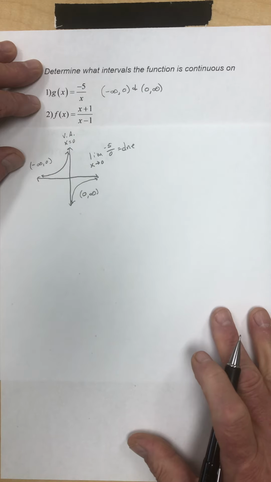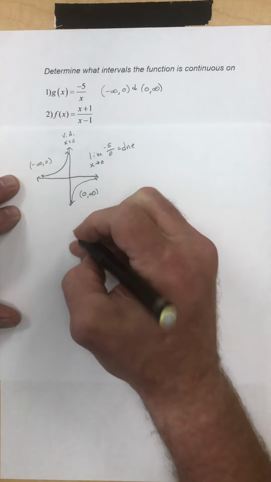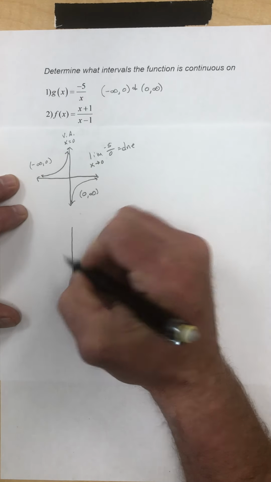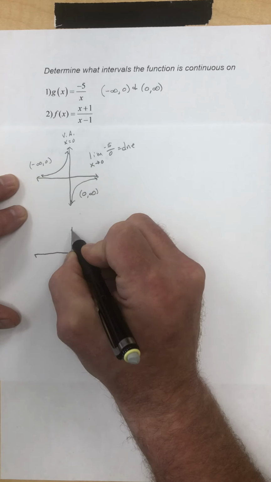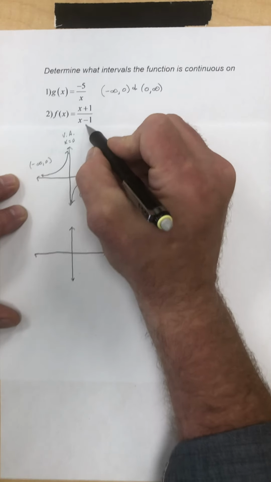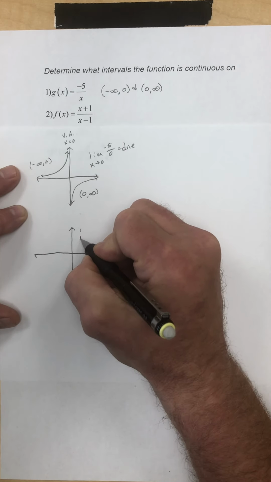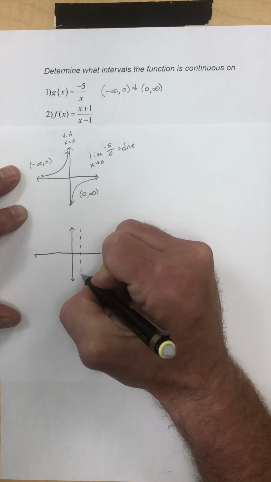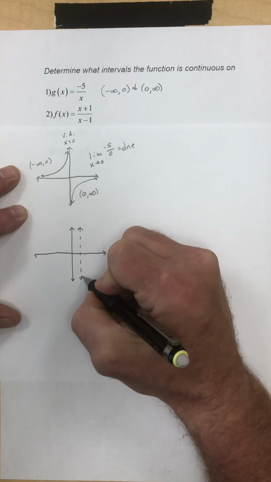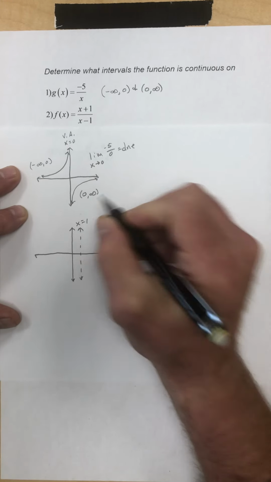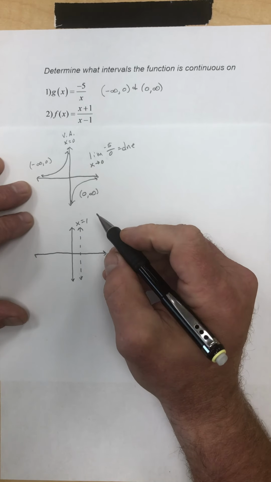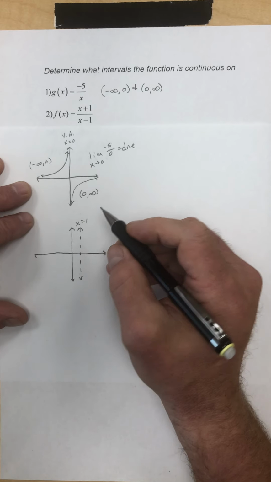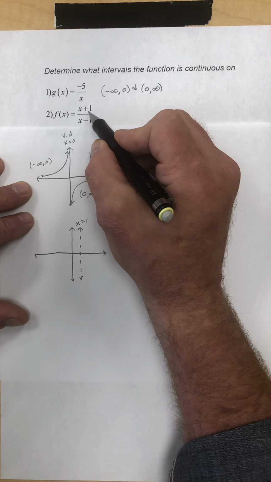Now we take a look at this second guy. All right, well, let's see what's going on there. Notice again, I'm going to have a vertical asymptote at x equals 1. So I'm going to have some vertical asymptote like this at x equals 1. And notice when x equals negative 1, y is 0.